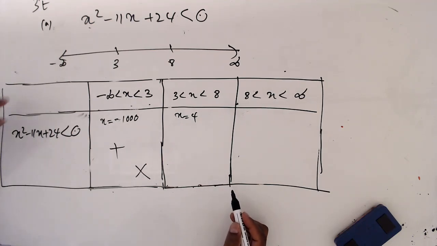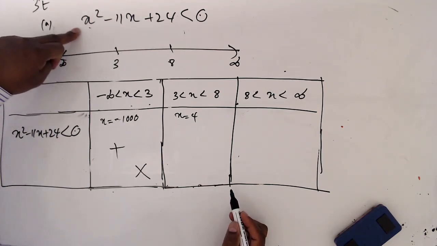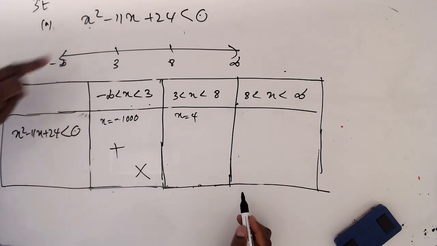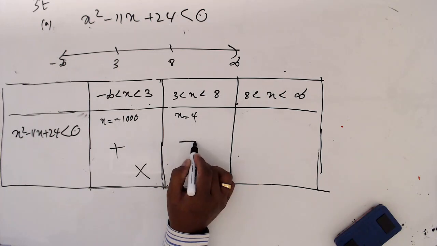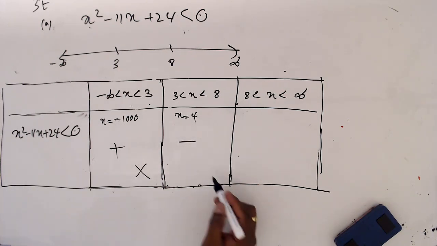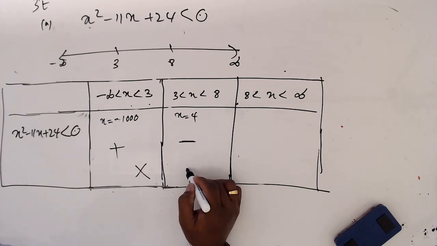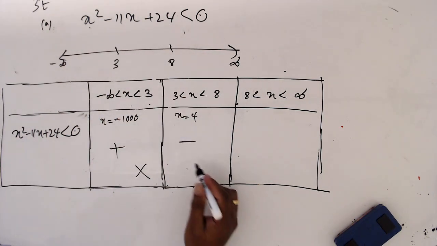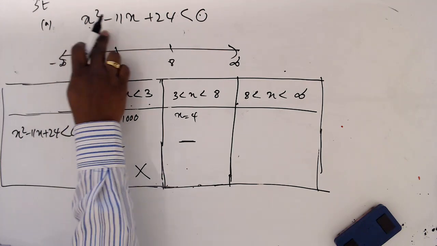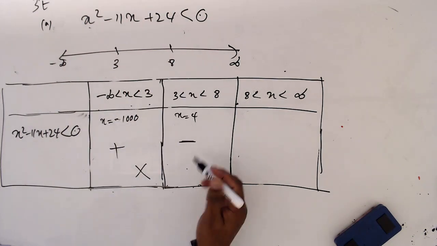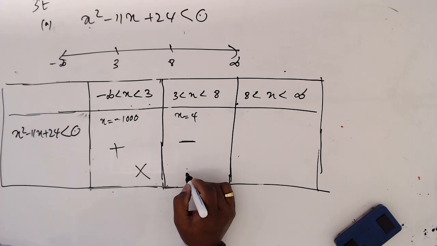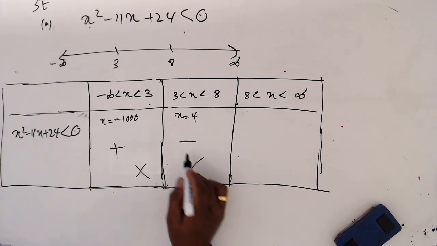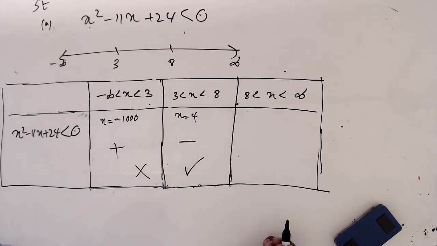Then by looking at it, I can tell that this is going to be negative. You can roughly calculate, 4 square 16, likewise when you look at it, it is negative. If it is negative, that interval does match.